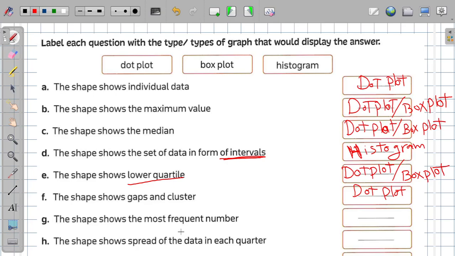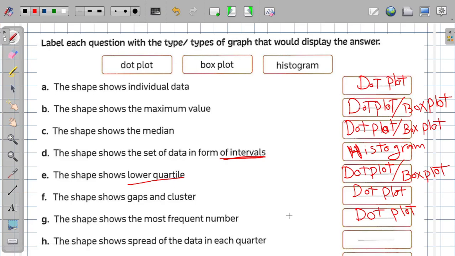Next, I want to know the shape that shows the most frequent number. I think it's only one way, and I think it's the dot plot, because it's the only way that shows the frequency for every number.